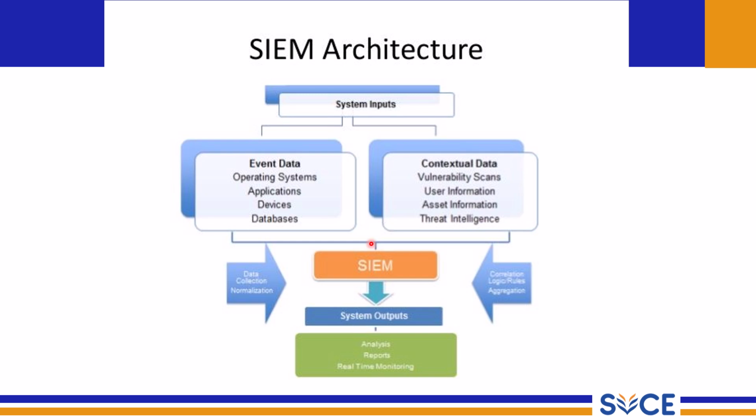It will be passed on to the SIEM and then go to the system output, and from there we are able to get the analysis, the reports, or the real-time monitoring. Through the SIEM it will pass through data collection, normalization, correlation or logic rules, as well as aggregated values. So this is the combined architecture of the SIEM.